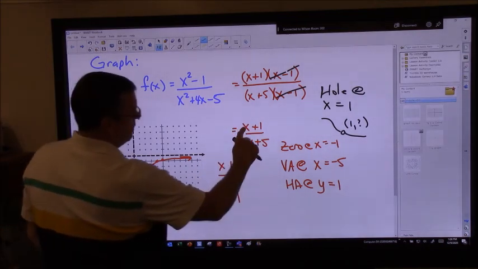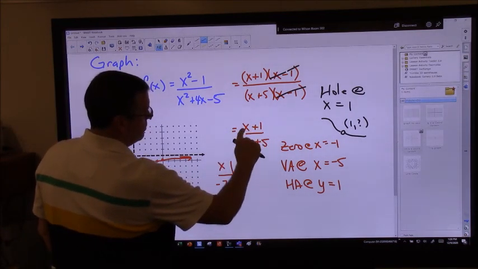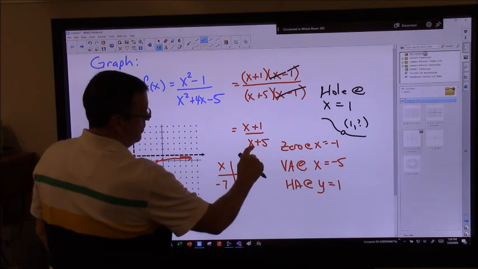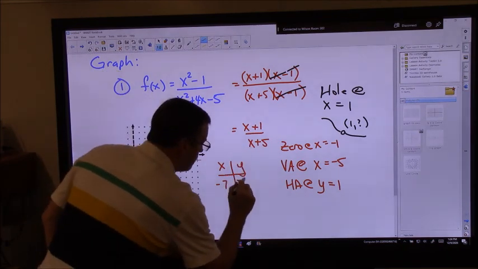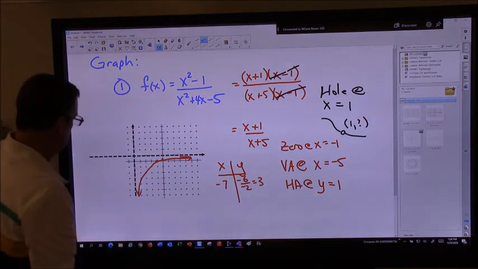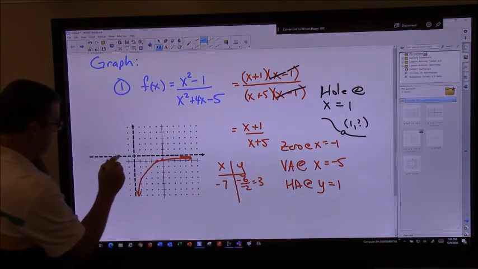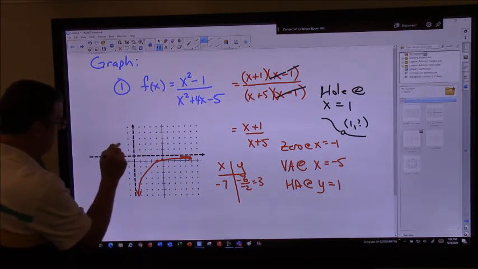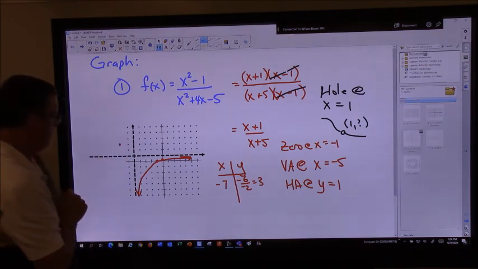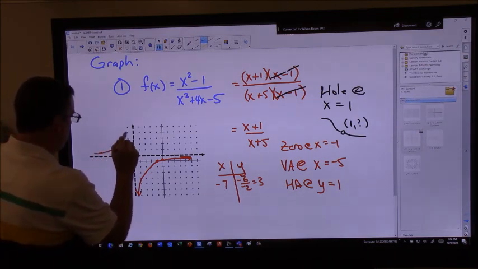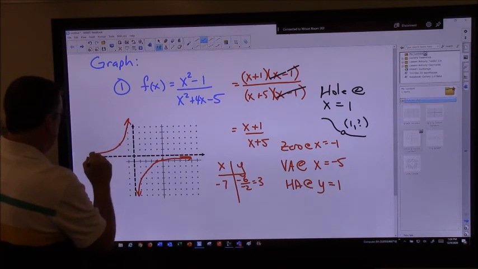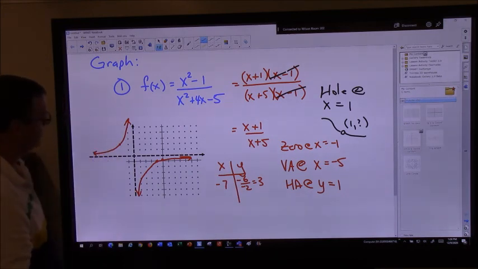So if I put a -7 in there, I get -6 over -2, which is 3. So at -7, I'm up here at 1, 2, 3, that point right there. And so now I can just go ahead and draw this curve so that I know what it looks like.